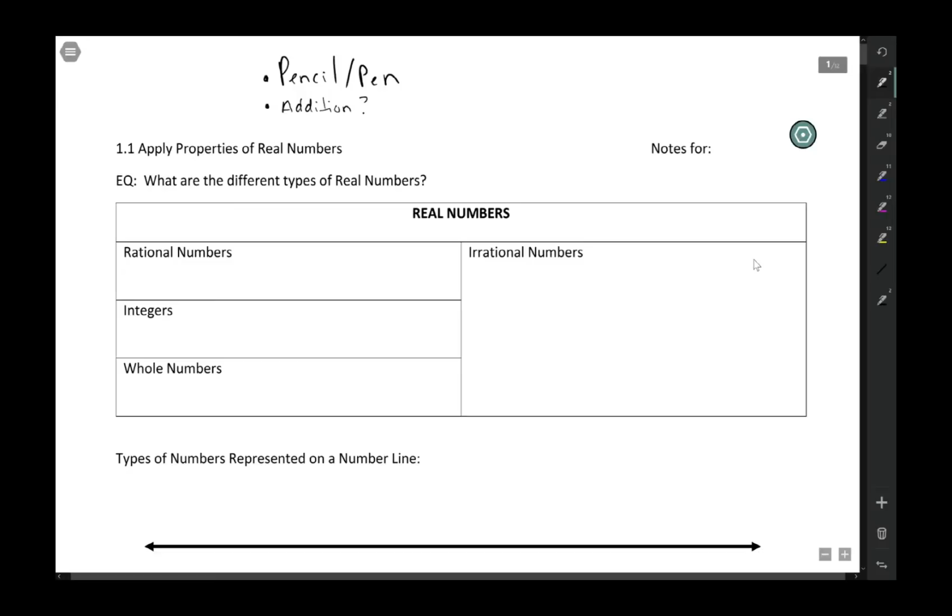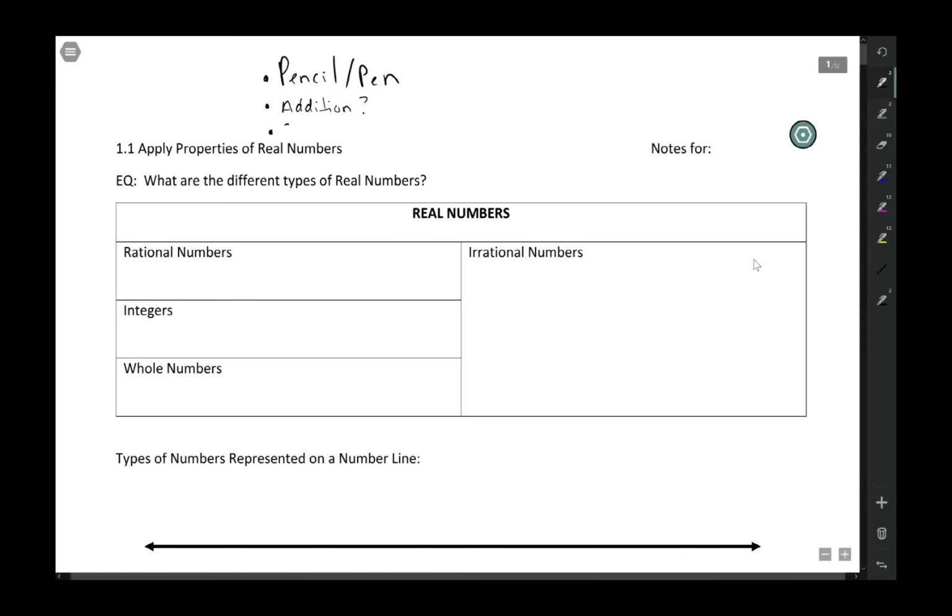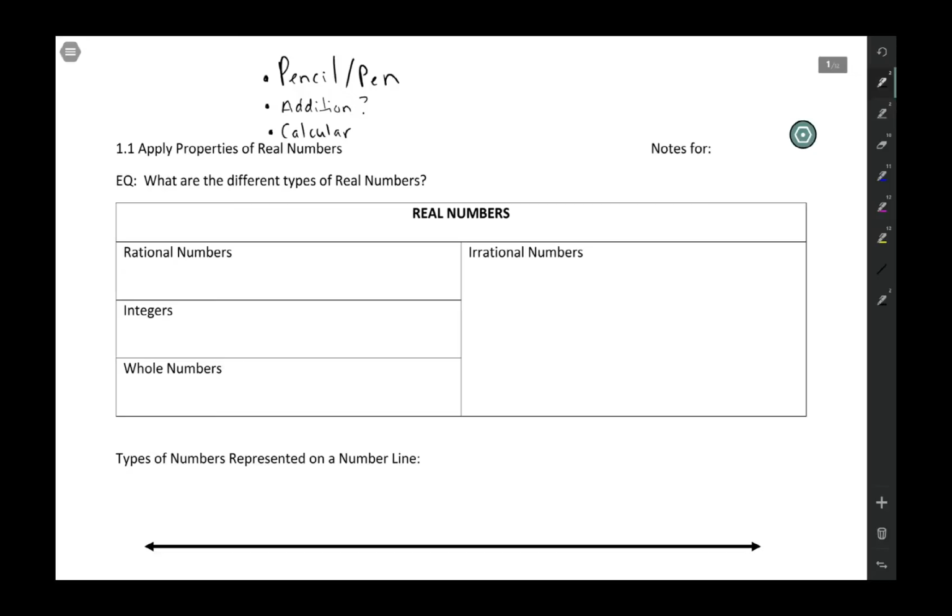So if you have any additional questions that you can't find elsewhere online or in the textbook, bring them to class. Write them down. Other things, a calculator, which we've talked about, particularly not maybe in these earlier units, but just have that nearby. And again, these should not be taking too long.